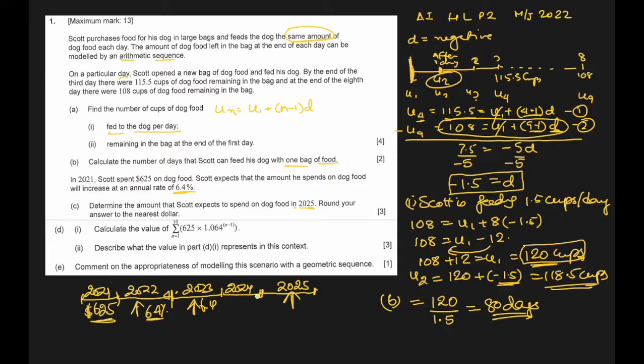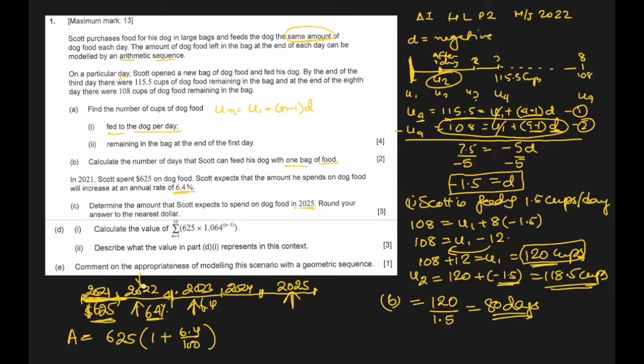So we'll just use the formula for compound interest. The amount he will pay in 2025 will be 625, which is the principal, times 1 plus 6.4%, the rate at which it is increasing every year. This is our starting amount.